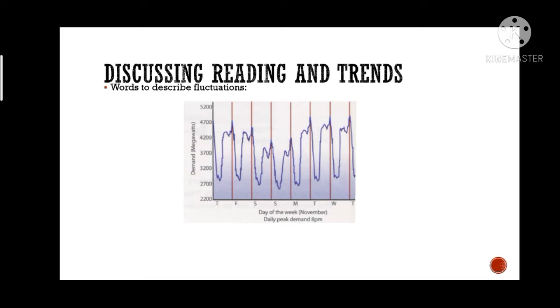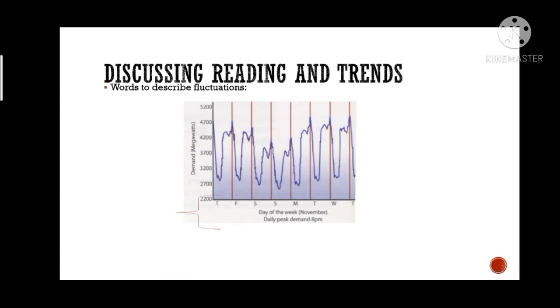This is the fluctuations. So we have this one is a curve graph or a graph curve. هنقرأها ونوصفها ازاي بقى، وايه هي الكلمات اللي احنا نستخدمها علشان نوصف الصورة اللي قدامنا دي.